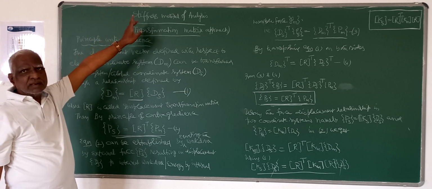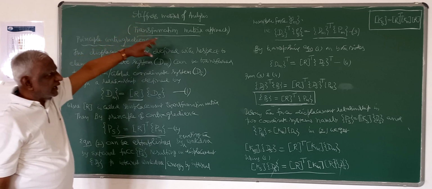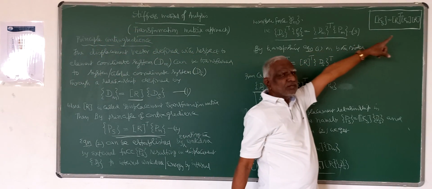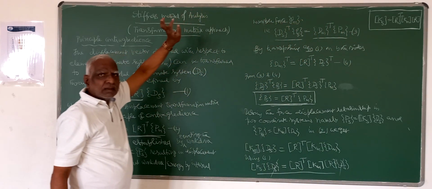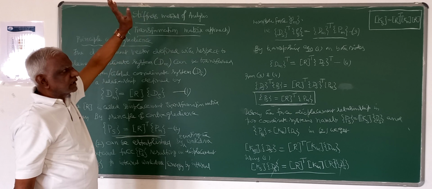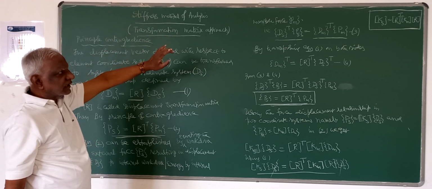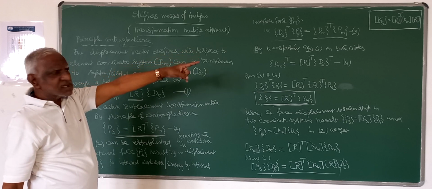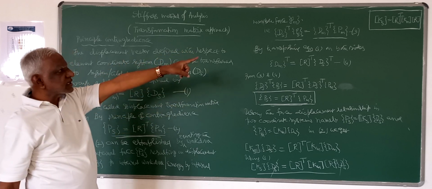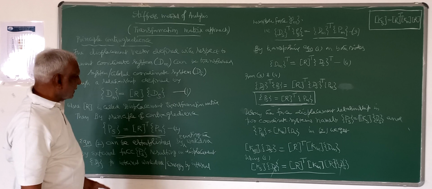Already I have derived the element stiffness matrix, that is Km, for all the elements of truss structure, rigid plane frame structure as well as beam structure. Now we can convert that into global stiffness matrix by this force transformation matrix approach.